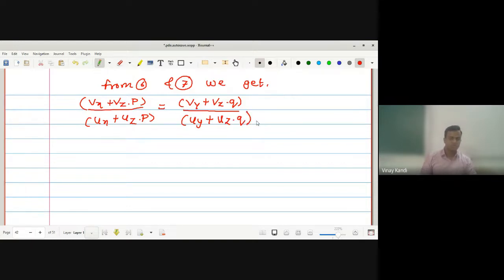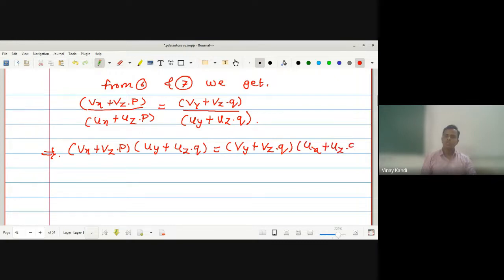So both are equal. Now simplify this one. We get vx plus vz into p into uy plus uz into q, which is equal to vy plus vz into q into ux plus uz into p.